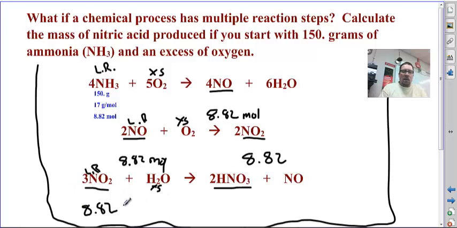Now I don't have the same coefficient, so now my stoichiometry is times 2/3, because it's a 2 to 3 ratio, which means that here I'll produce 5.88, checking my math, 5.88 moles of nitric acid, which when I multiply by the molar mass of nitric acid, 3 oxygens, a nitrogen, and a hydrogen, add up to 63 grams per mole.